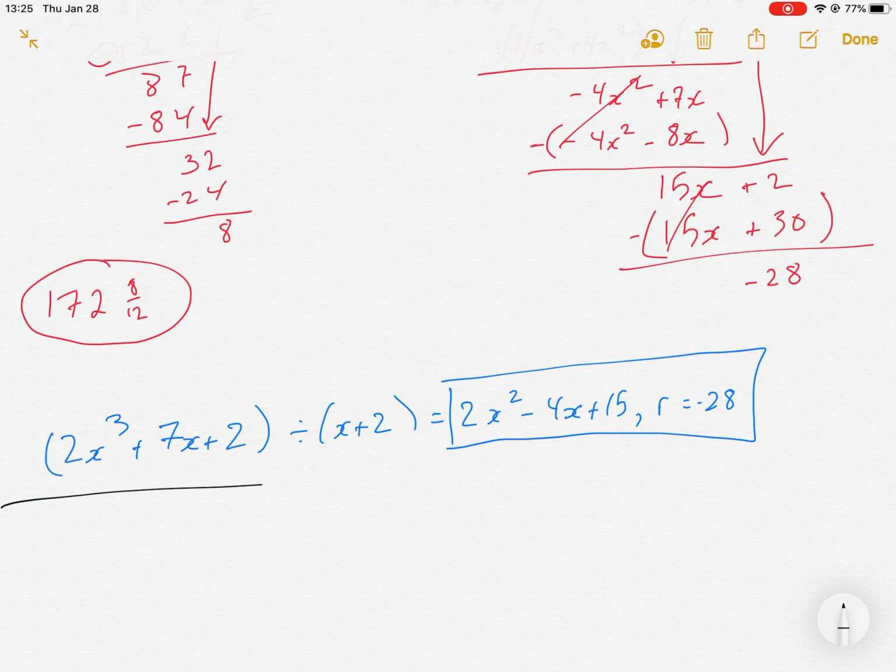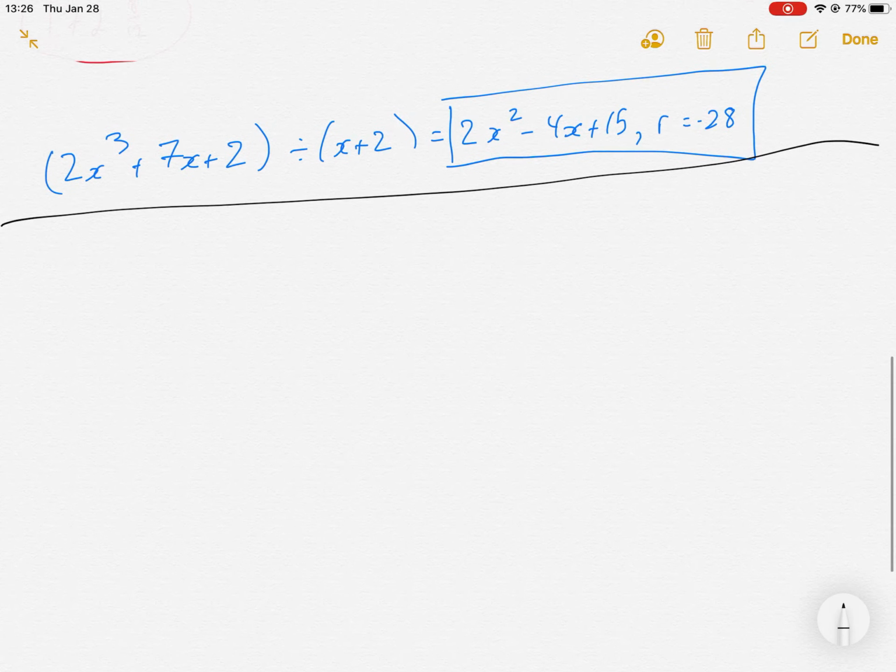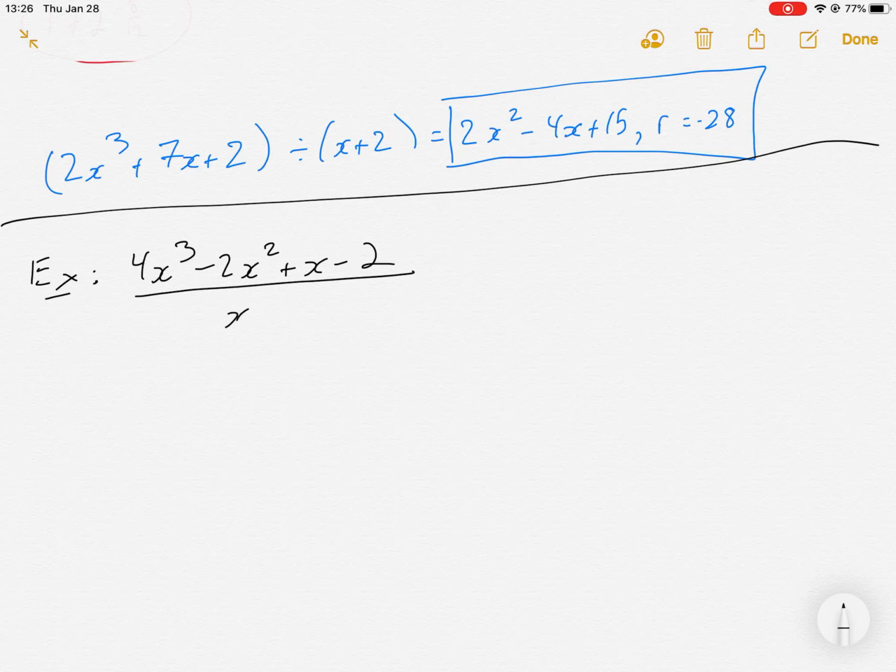Okay, just to give us a better sense, I'll flow through the next problem a little bit more quickly and show you a couple of the steps I'm doing along the way. I won't actually do numbers this time, but let's go ahead and try another one out. So we're going to take 4x cubed minus 2x squared plus x minus 2, and I'm going to divide this by x minus 3.